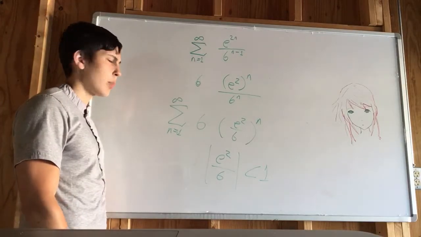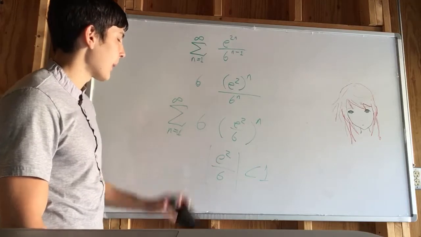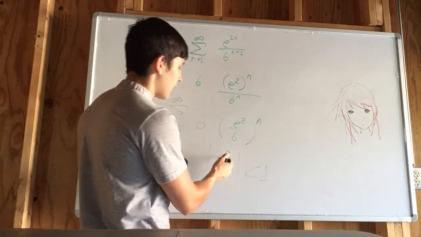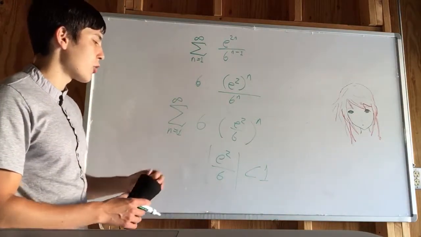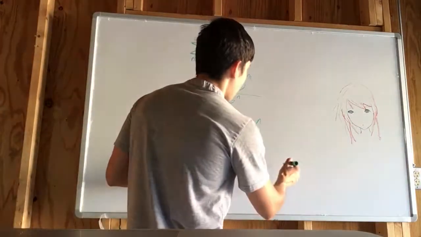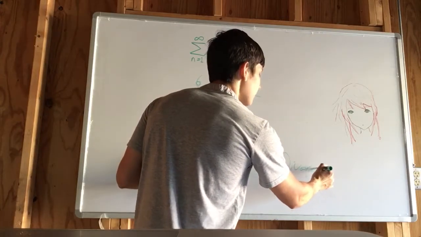It's like 1.27. Because e is 2.7181 and so on, and then you square that and divide, yeah, it's greater than 1, so this is going to diverge. It diverges.